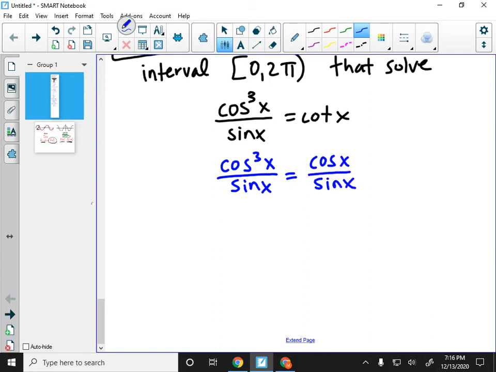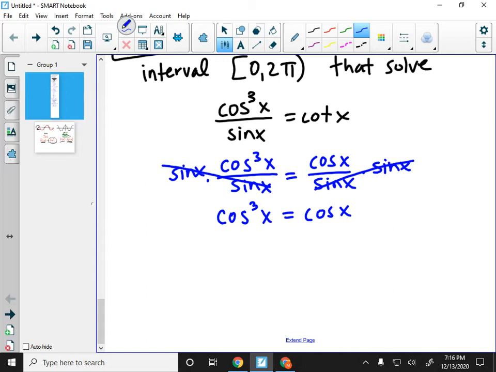And then what I would do is multiply both sides by sine of x, let's just get rid of these fractions. This cancels, this cancels. That gives me cosine cubed of x equals cosine of x.